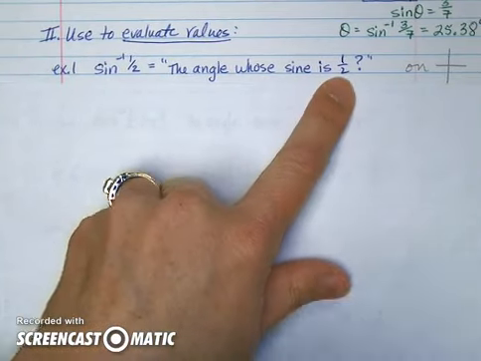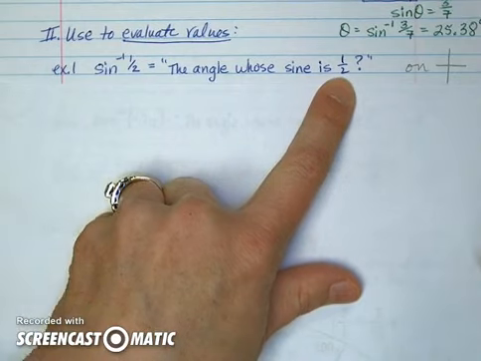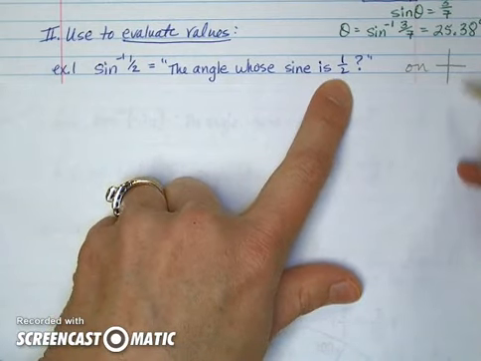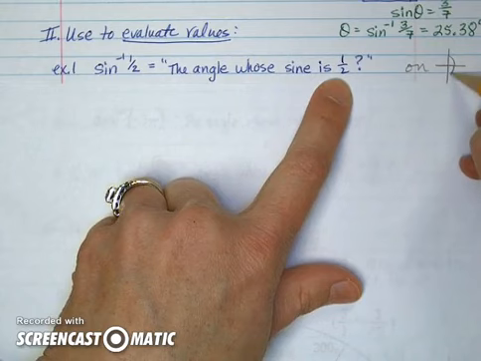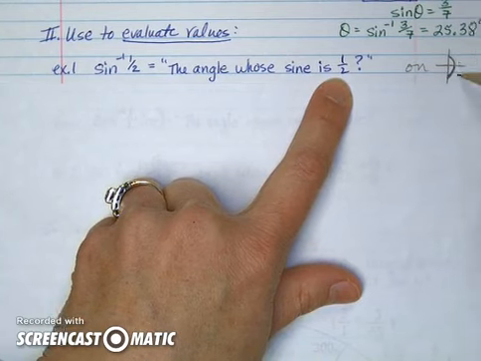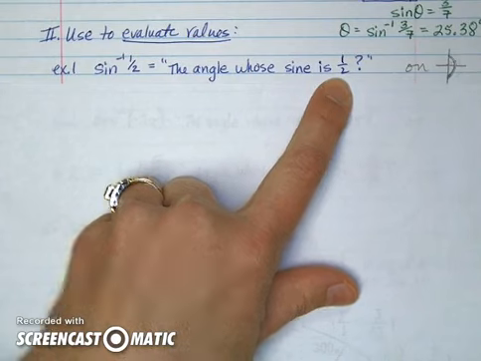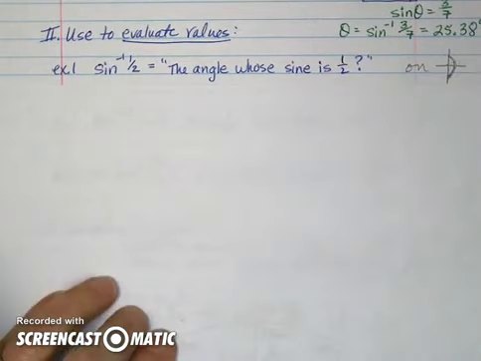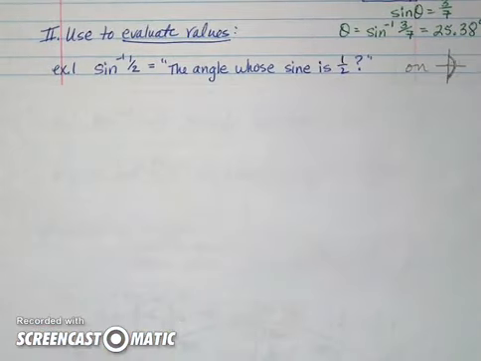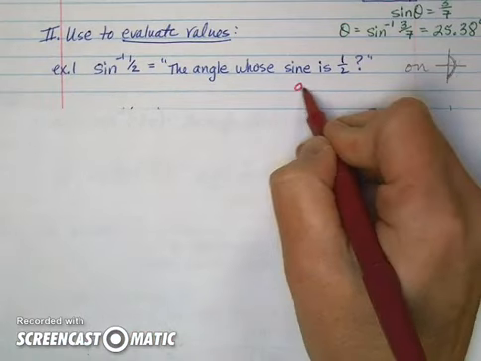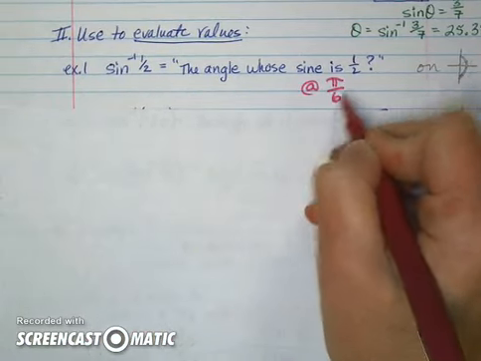Now you need to remember that the inverses for the sine are only valid in those two quadrants, 1 and 4. So where in those quadrants is sine 1/2? Sine 1/2 would be right here at the pi over 6 value. So let's write that in. That happens at pi over 6. So that's my answer.